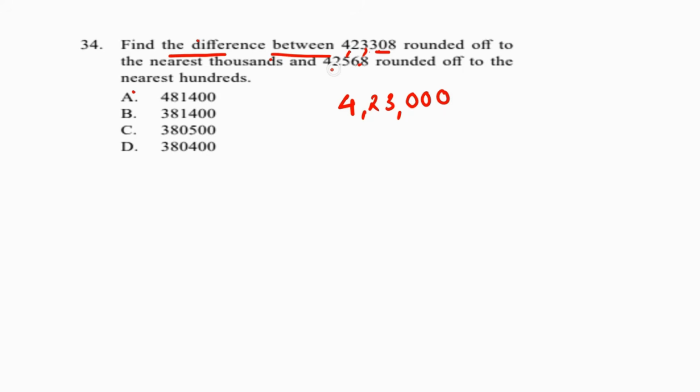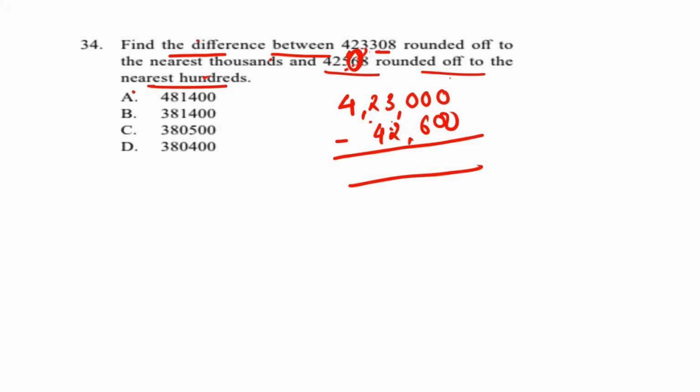And 42,568 would be 42,600, because to round off to the nearest 100, we check the tens digit, which is 6, more than 5. So it would increase the hundreds place. Now we need to find the difference, so we subtract. When we subtract this, we get 3,80,400. Option D is the answer.